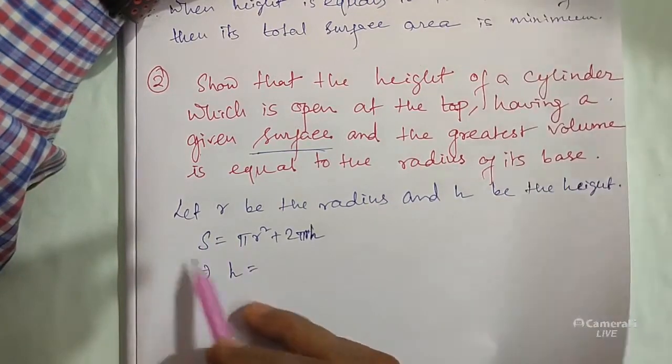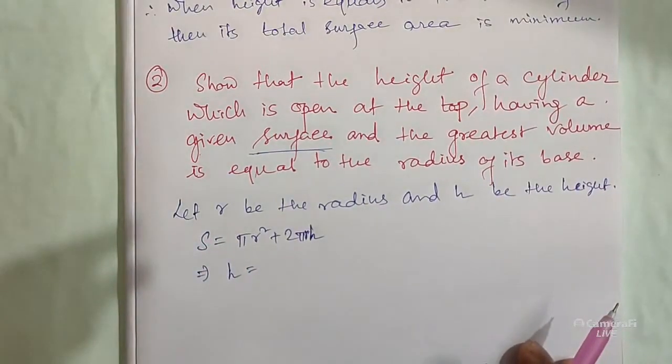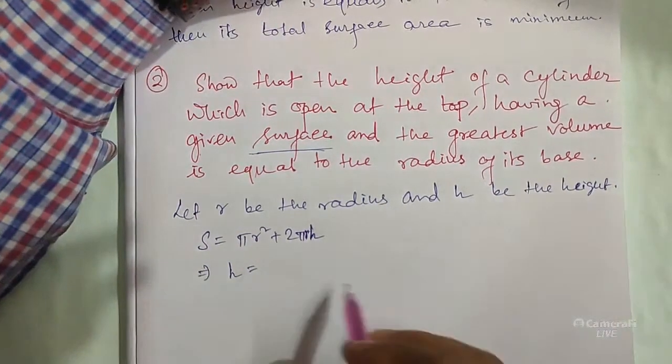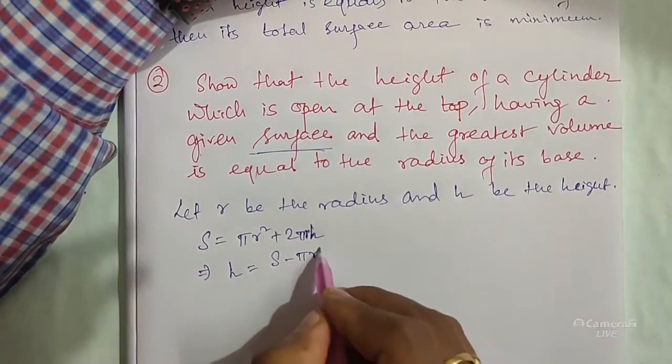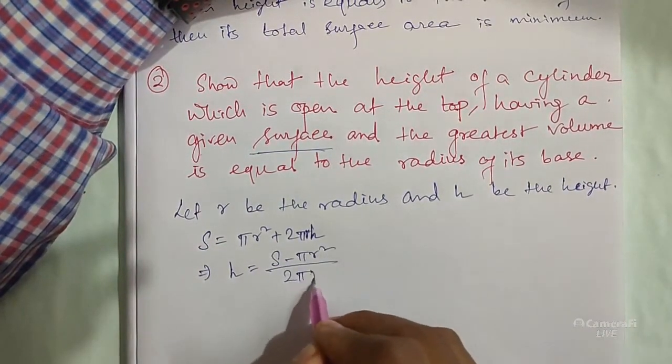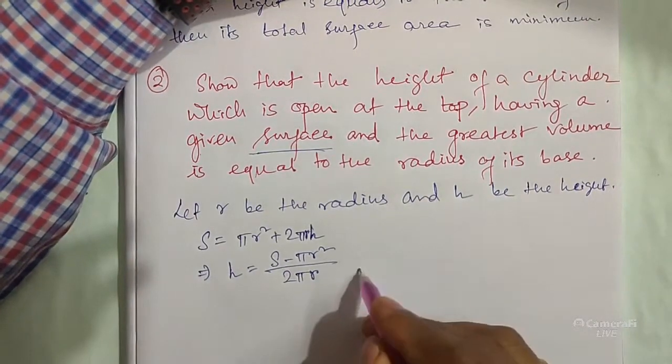So S we can treat as constant. So if S is constant, what will be the value of H? H equals S minus pi r square divided by 2 pi r. This is number 1.